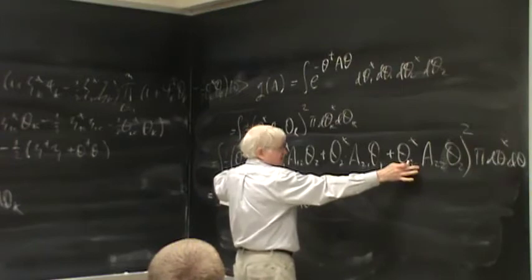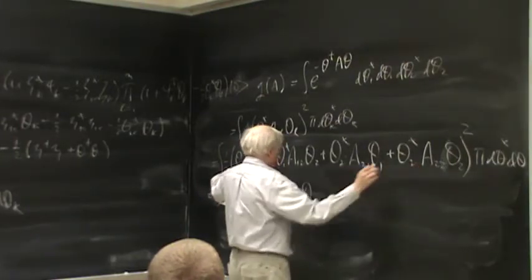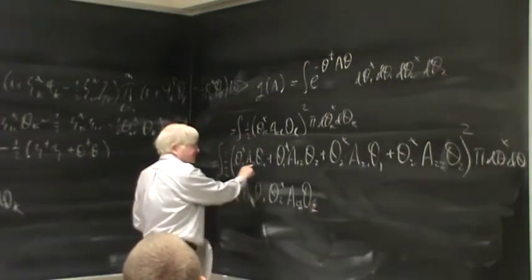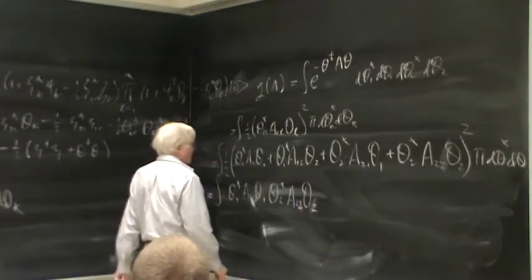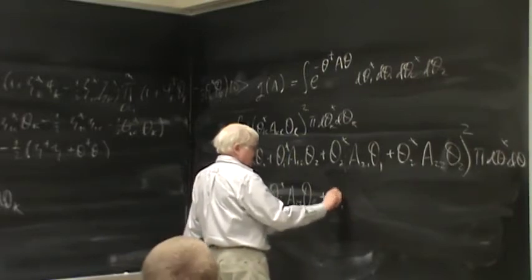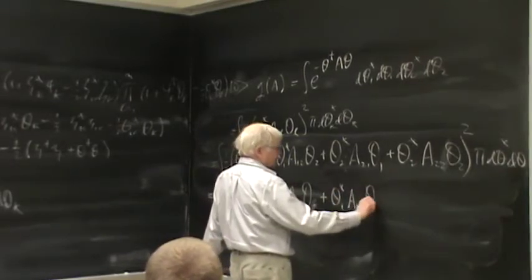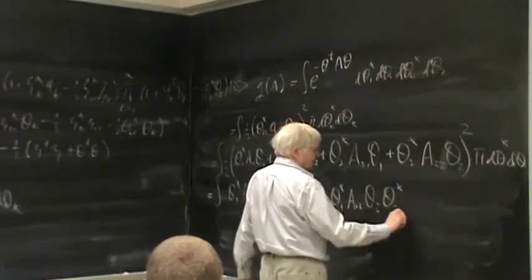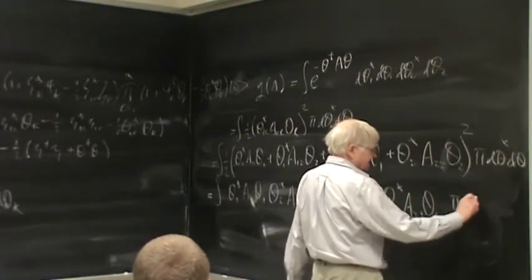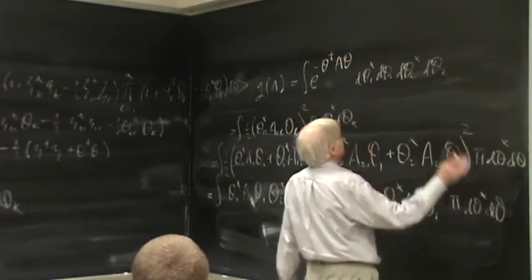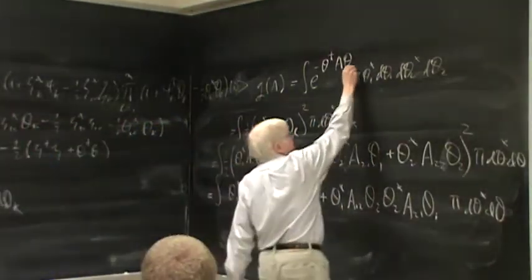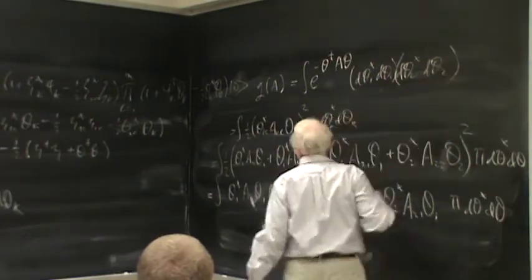That one's 0. It's just this one. These two will work. So the first times the last, and the next, these two obviously work. And so this is plus theta 1 star A12 theta 2 theta 2 star A21 theta 1, and all of that times the product d theta star d theta, by which I mean this. The thetas can be in arbitrary order, but these guys, you don't want to screw around with them.